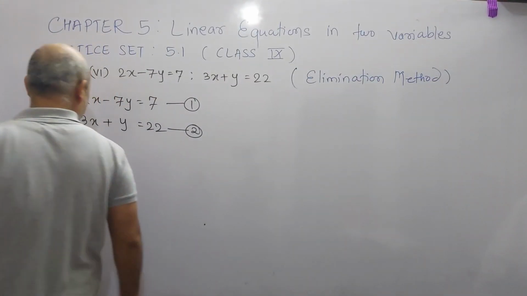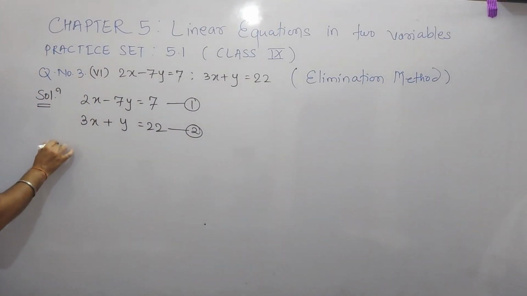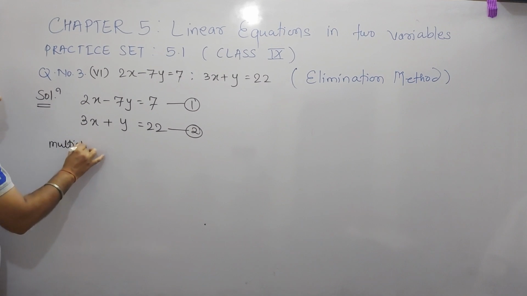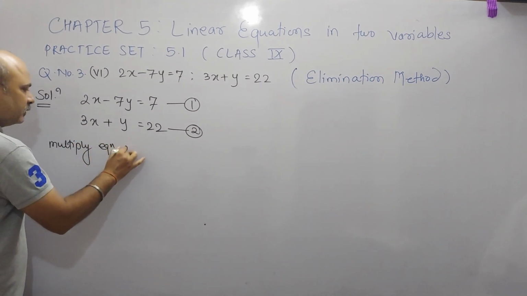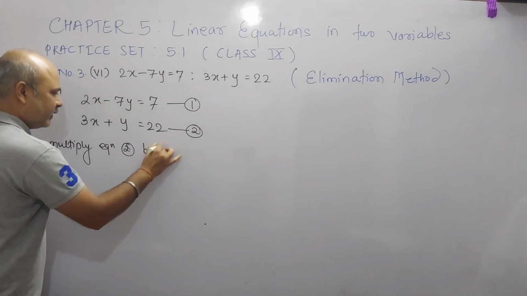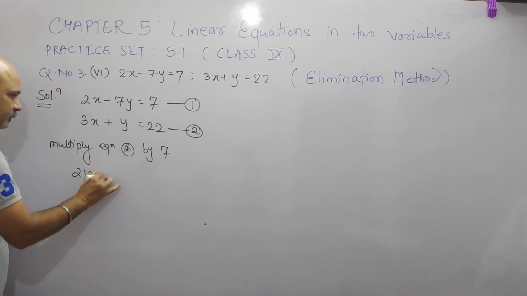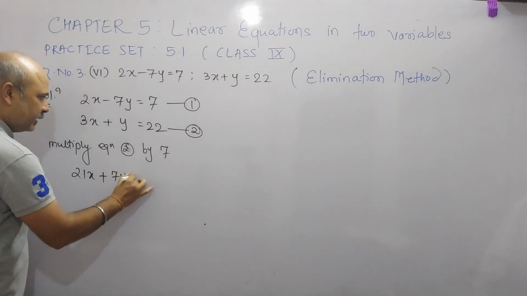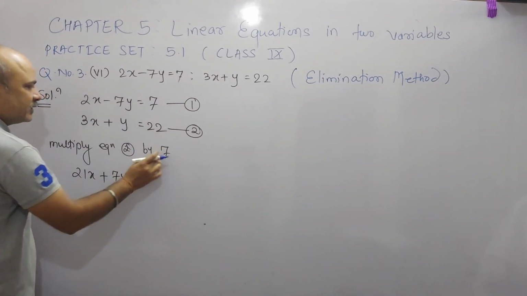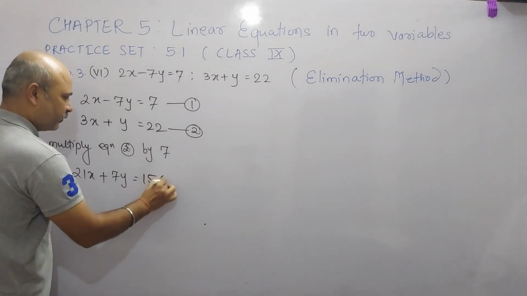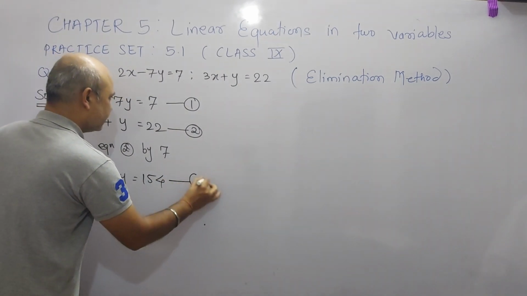So here we will write multiply equation 2 by 7. So what will you get? 7 threes are 21x plus 7y, and this is equal to 22 sevens are 154. This is equation number 3.